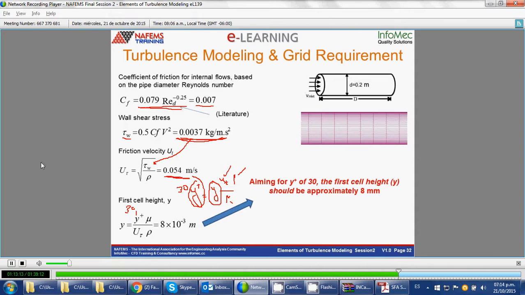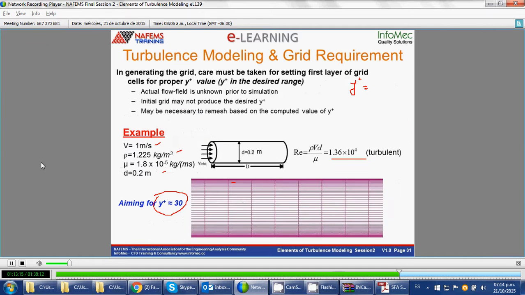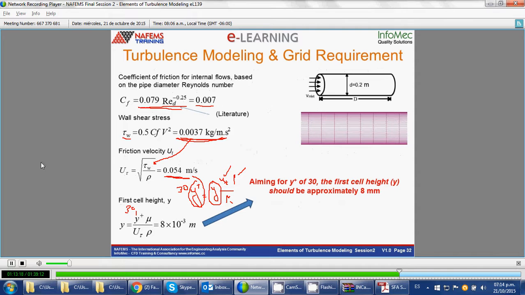The conditions for mu and for the fluid are given to me, and I just calculated U tau. So it says the very first point for the grid should be 8 millimeters away from the wall. That gives me my first crack at generating the grid.